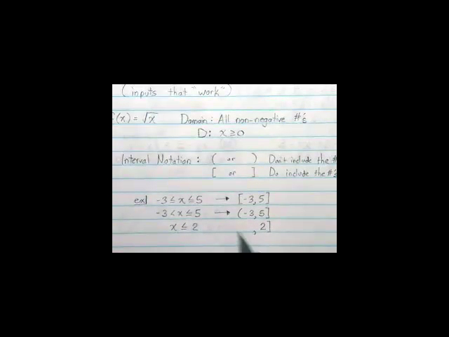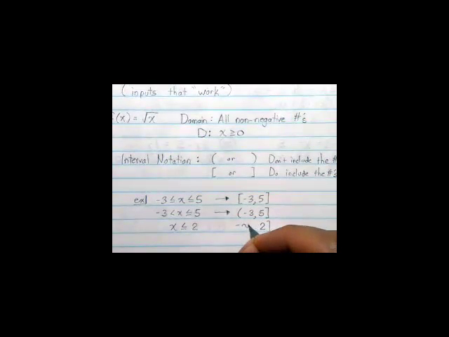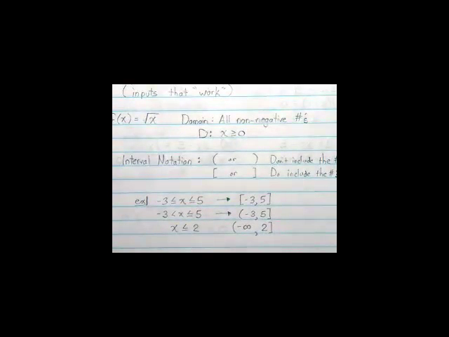But what's going to be over here? How far down can it go? It can go infinitely far down, right? Even into the negatives, infinitely far. So negative infinity is the other one.